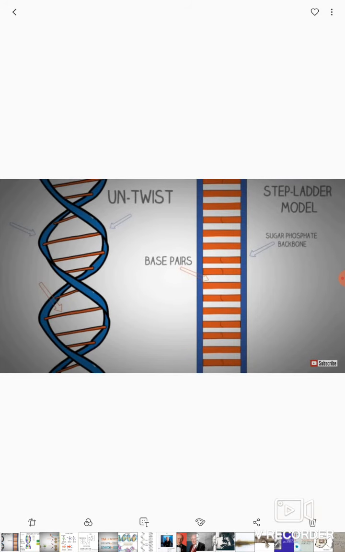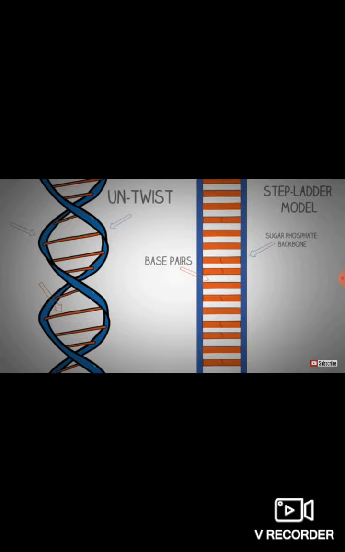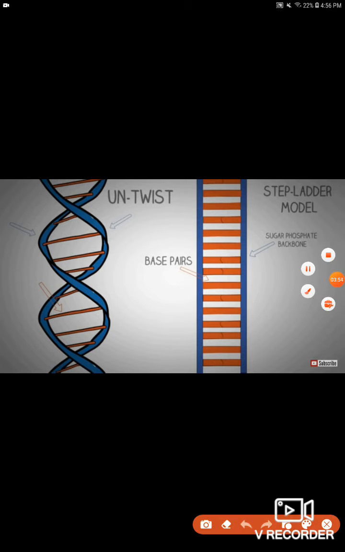Now see here in this figure, you can see this spiral form of DNA, a helical structure of DNA. In this helical structure, this blue part is made up of the phosphate sugar backbone, and the middle ladder-like structure is made up of base pairs.